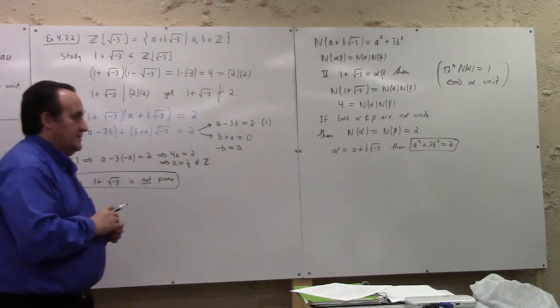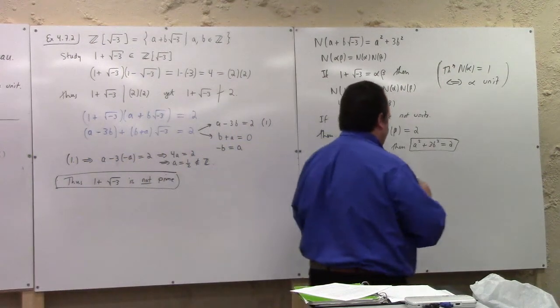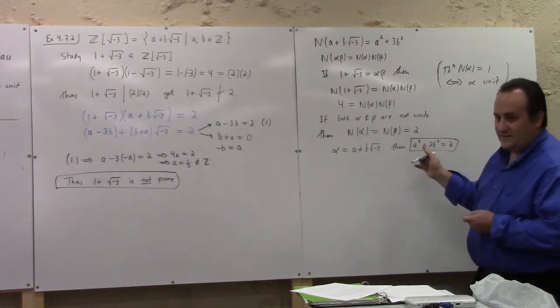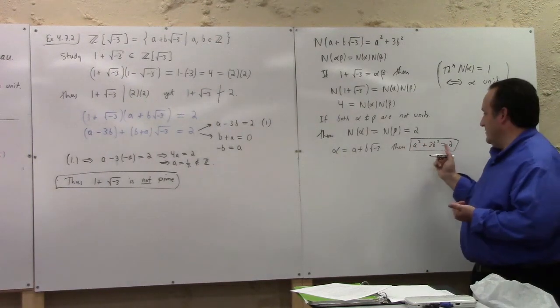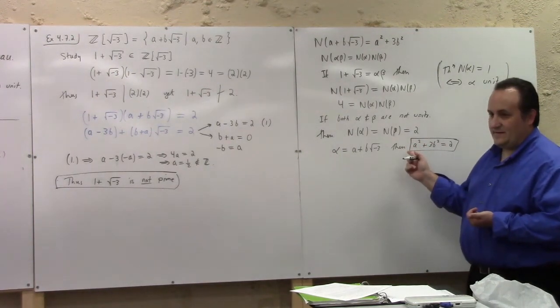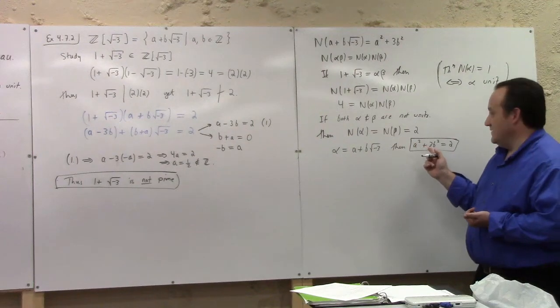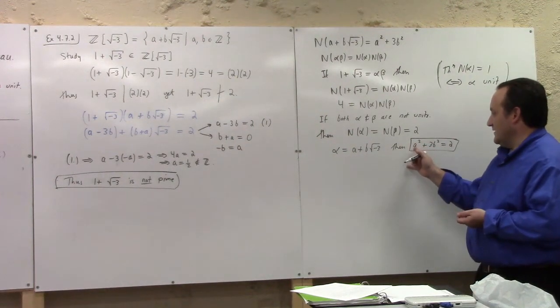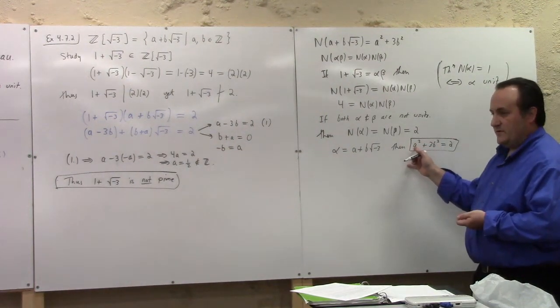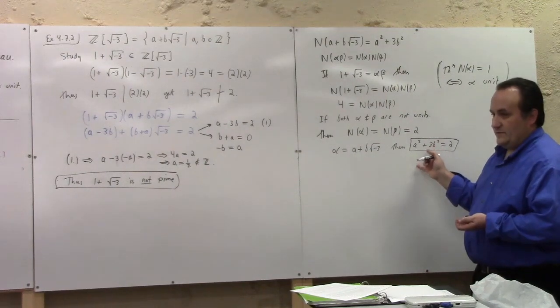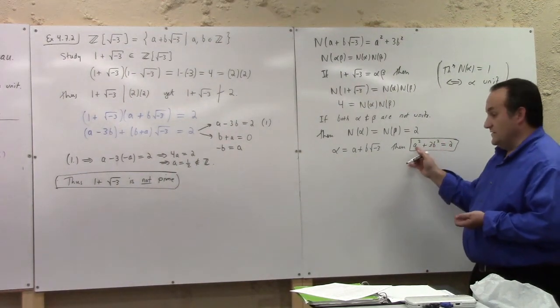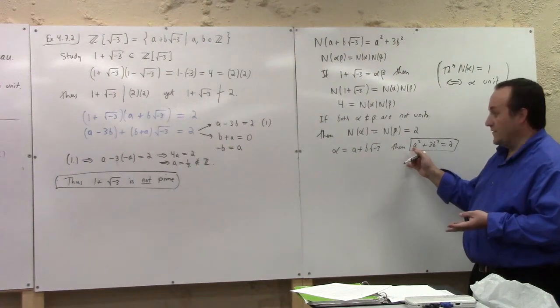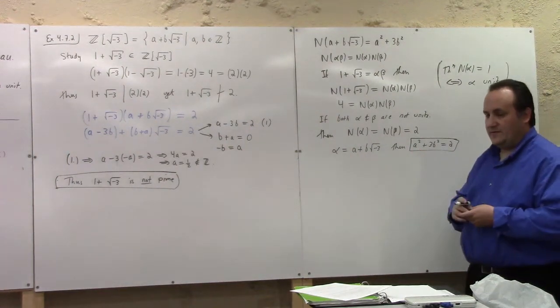We definitely can't have b non-zero, because then we've got 3, which is bigger than 2, and there's nothing we can do about it, because a and b are integers, right? We don't have a minus sign. So our only choices really are a equal to plus or minus 1 and 0 here, but those don't work because 1 is not equal to 2. And then you get to plus or minus 2, where we got 4, you can't do it.